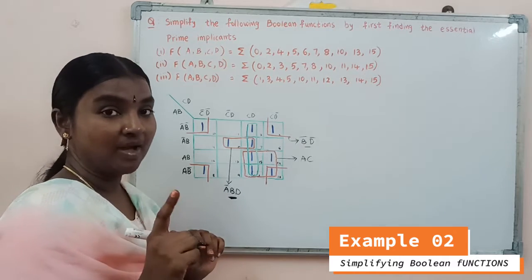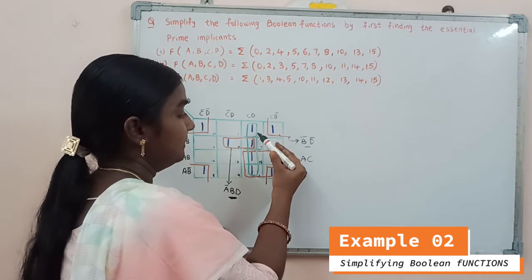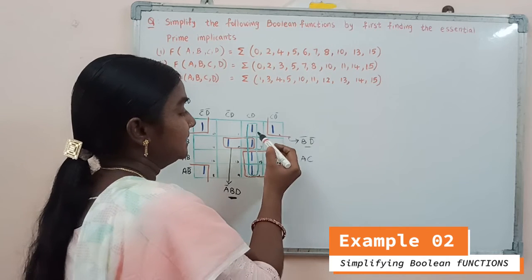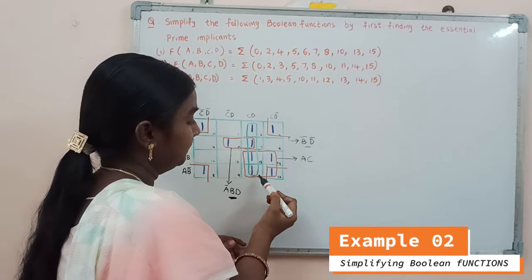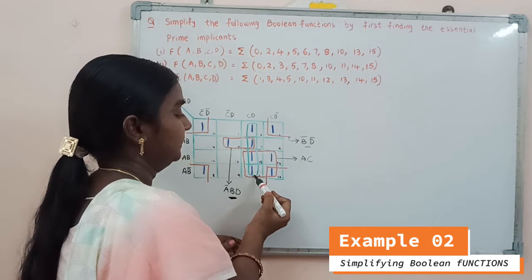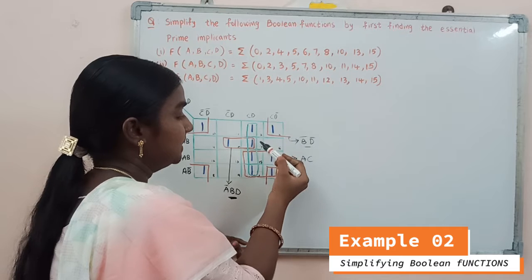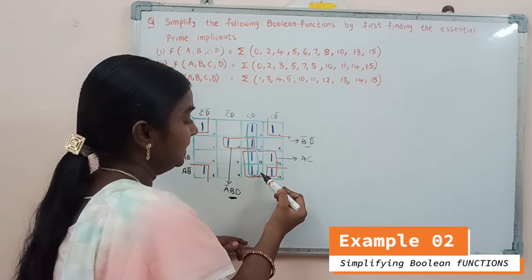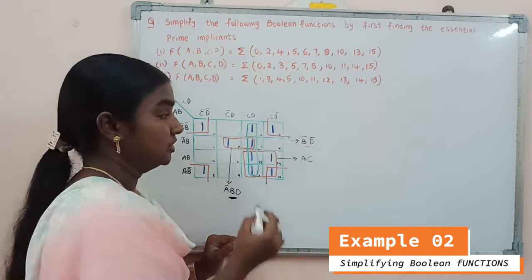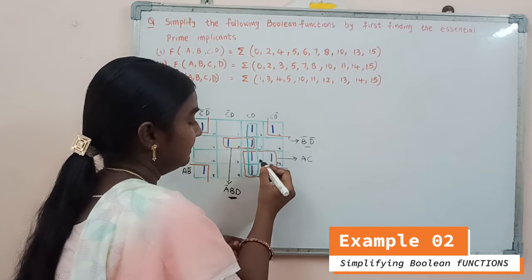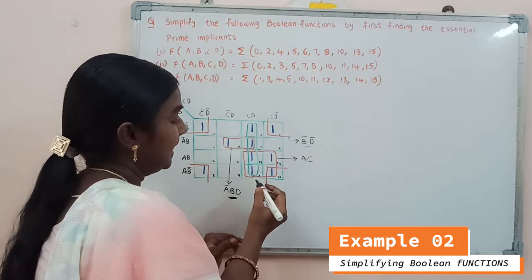Here there is one minterm, that is M3. It has two chances to make a group: by considering M3, M2, M10 and M11, or by considering M3, M7, M15 and M11. So here I am making a group M3, M7, M15 and M11.